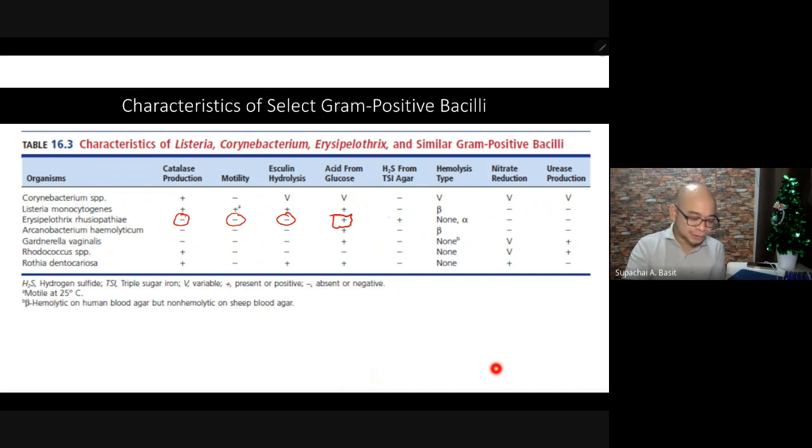They can produce hydrogen sulfide in triple sugar iron, the only gram-positive bacilli in this list that can do so. In the first 24 hours, they are gamma hemolysis, but after 48 hours, it becomes alpha hemolysis. They cannot reduce nitrate, and they are negative in urease. So in summary, those are the results for Erysipelothrix rhusiopathiae.